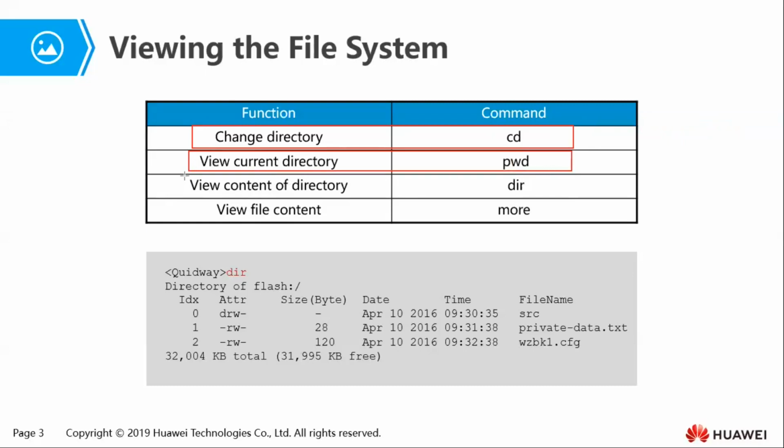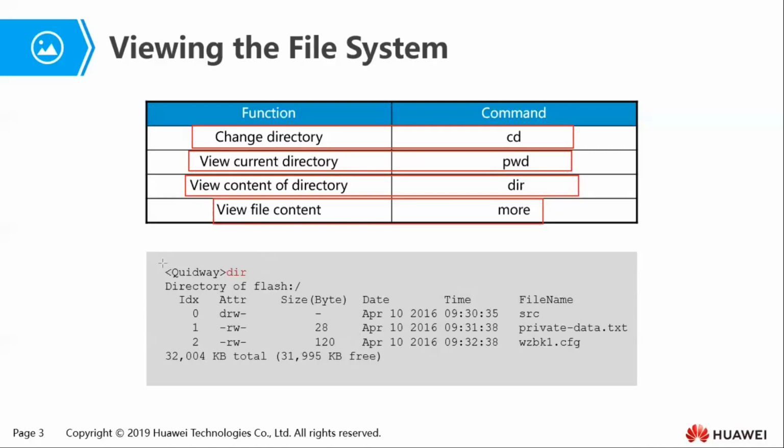These commands are very similar to the commands that are used for Windows. If you've used the Windows command prompt, they use a similar command structure. If you want to display the contents of a folder, you can use the dir command. If you want to display the contents of a file, you can use the more command.